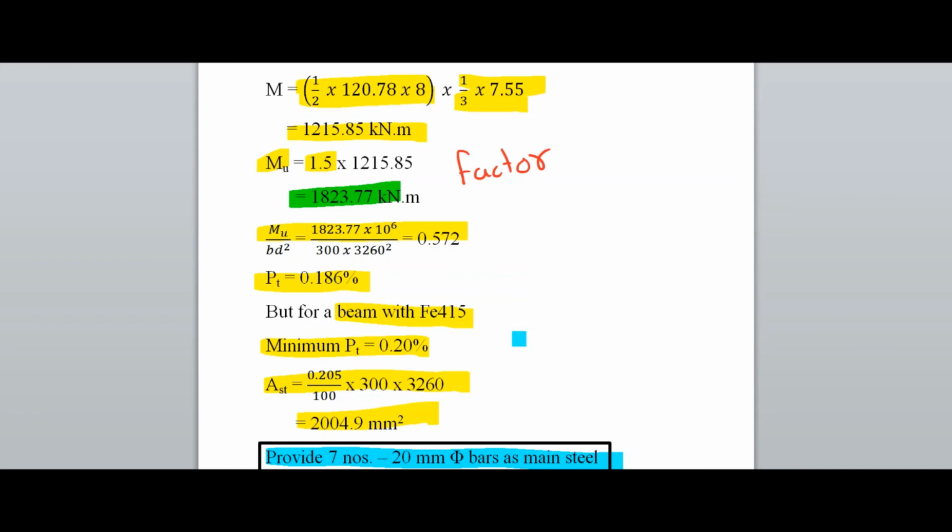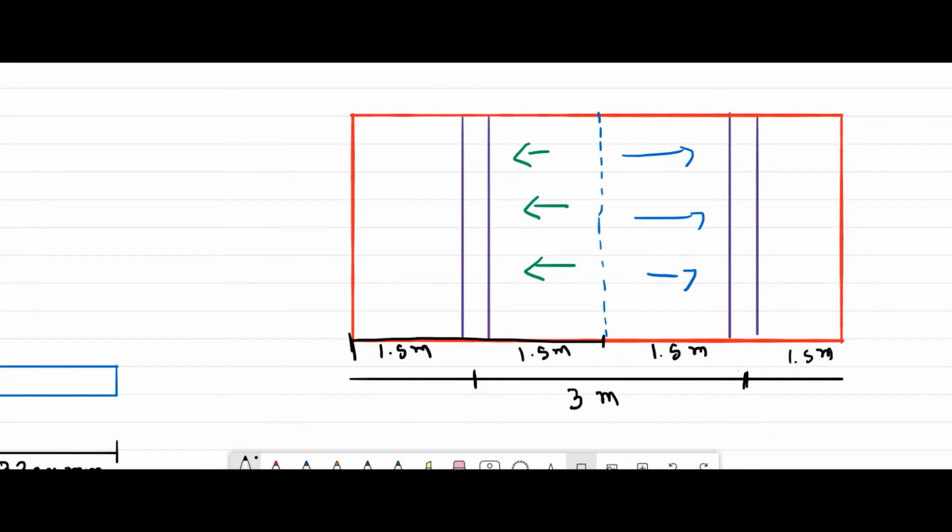Now one thing I am going to explain here in the Ast calculation. A simple minor change here. There is 300, it's the width, and 3260, it's the depth, the depth which we found here.